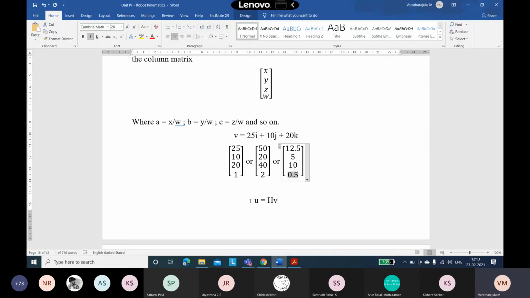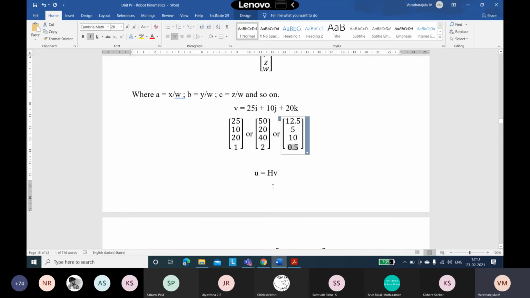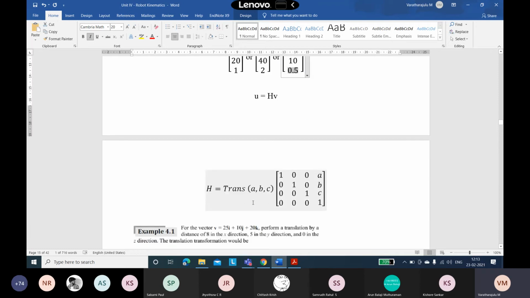The transformation we are going to accomplish is by a 4x4 matrix. The 4x4 matrix should be H. This H is the transformation matrix, or let it be the translation transformation matrix.